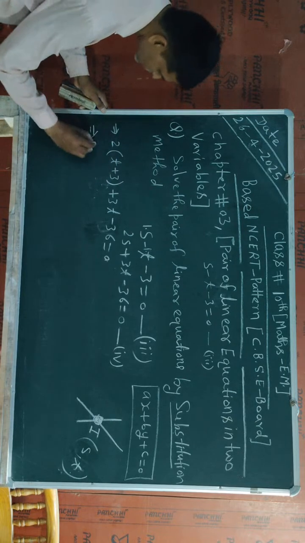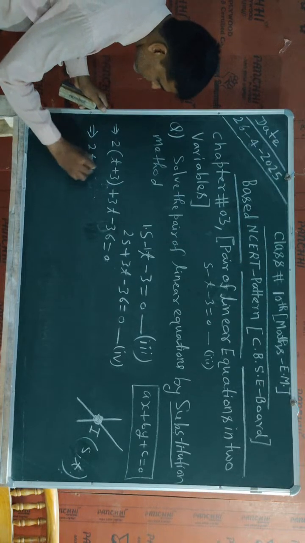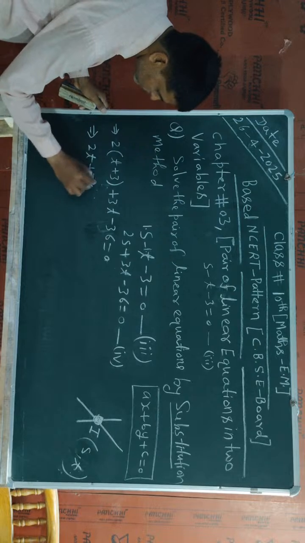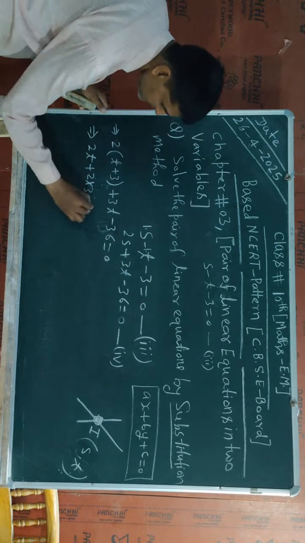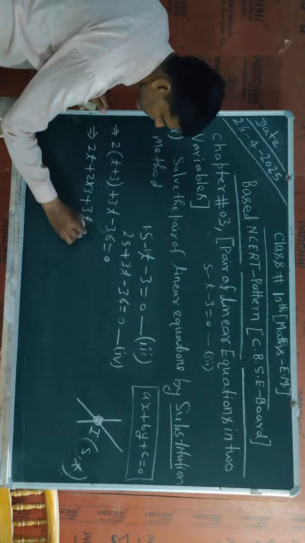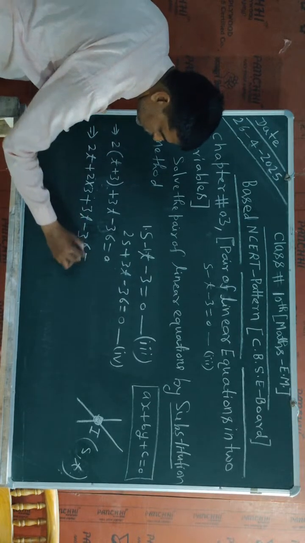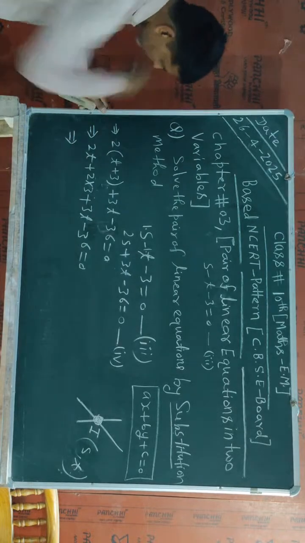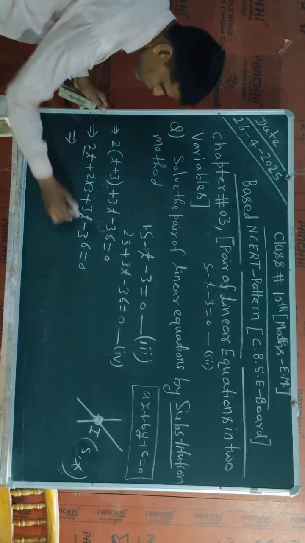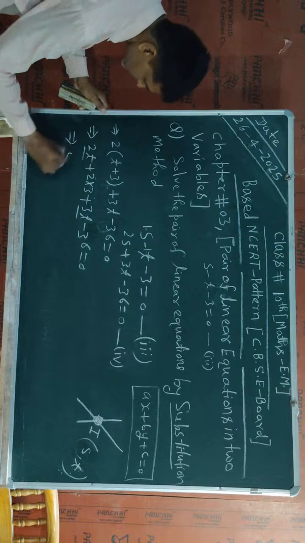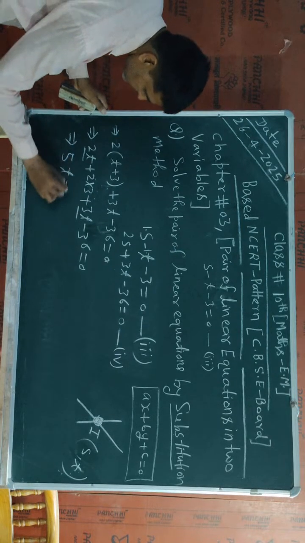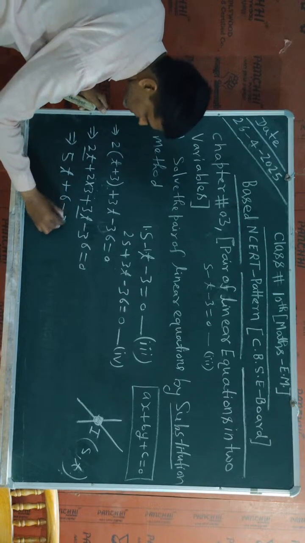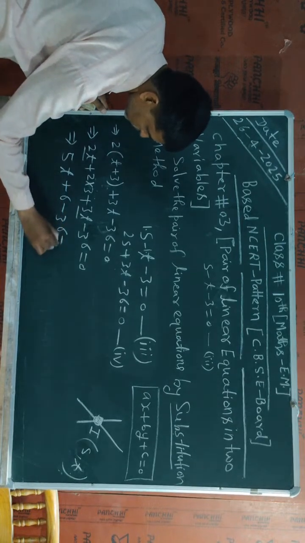So 2 into t plus 2 into 3, plus 3t minus 36 which is equal to 0. Again I will simplify. 2t plus 3t will be 5t, and then here I will write 2 threes are 6, minus 36 which is equal to 0.